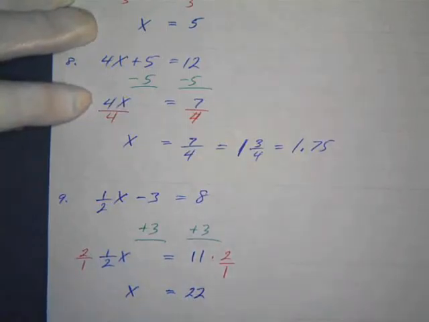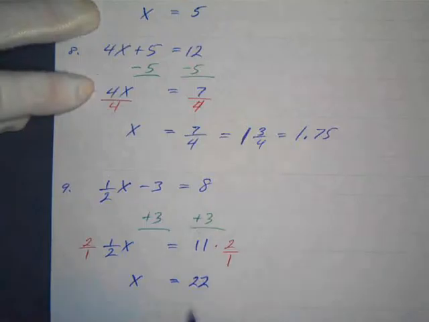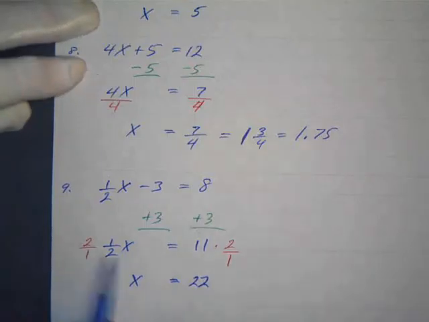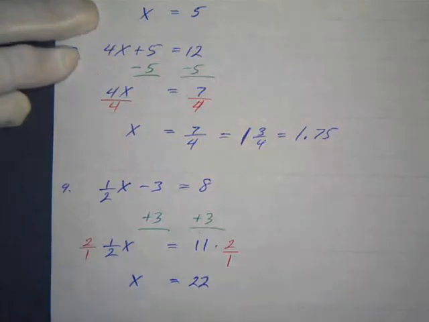So, nice easy fix there. Hopefully that makes sense. If you have a fraction and you want to get it to become 1, just multiply by the reciprocal, just flip it over.